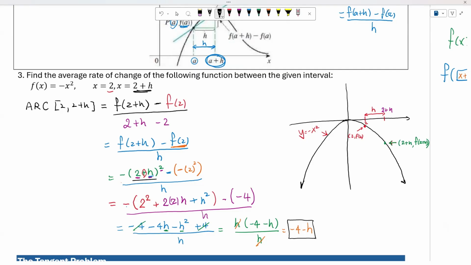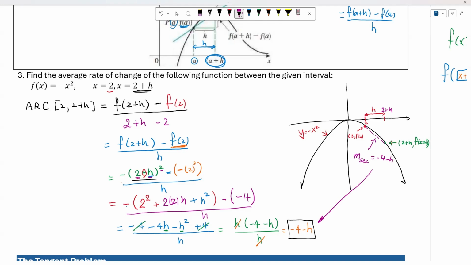Now we have a secant line between these two points. Then the slope of this secant line right here is -4 minus h. So this -4 minus h is basically the slope of the secant line between x equal to 2 and x equal to 2 plus h.